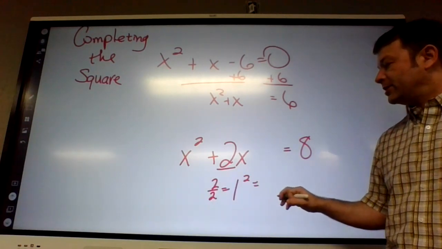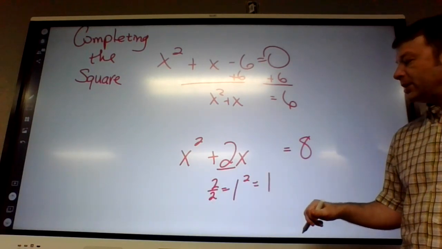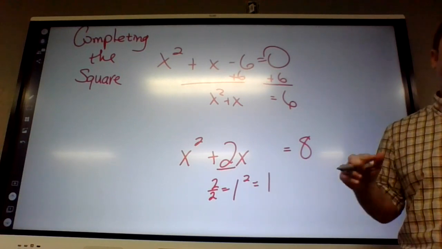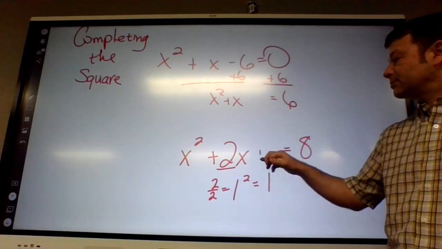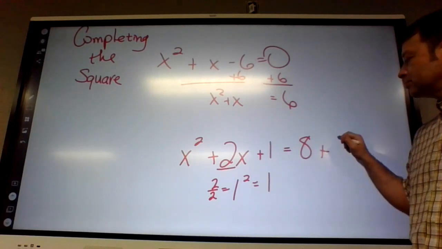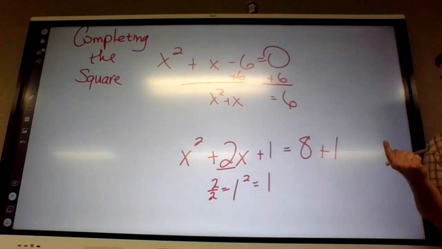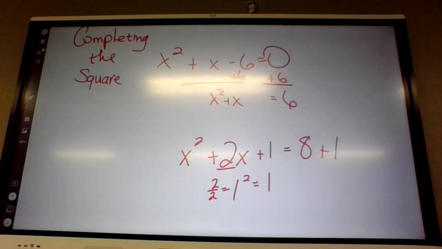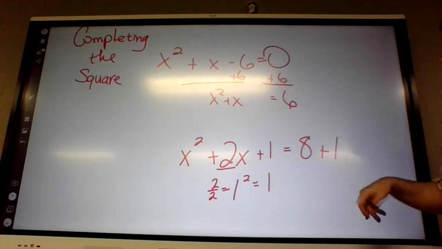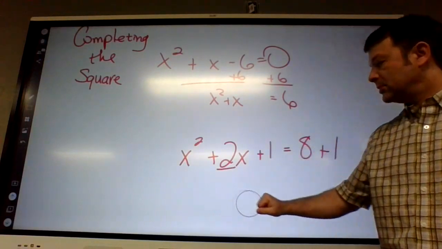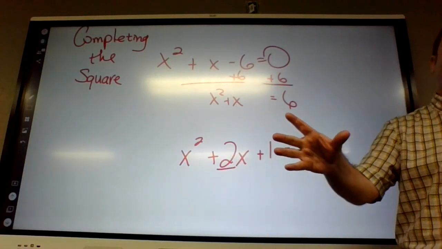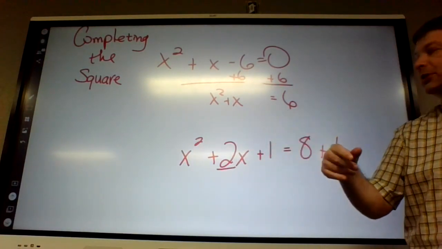What's 1 squared? 1. Okay, and then you're going to add that value to both sides. You're just adding 1 to everything. It's legal to add the same value to both sides, so they're still equal. If you add a different value to one side than the other, they won't be equal anymore.